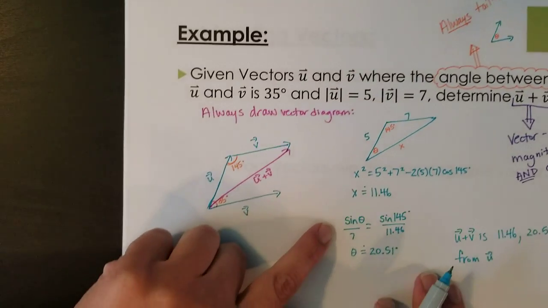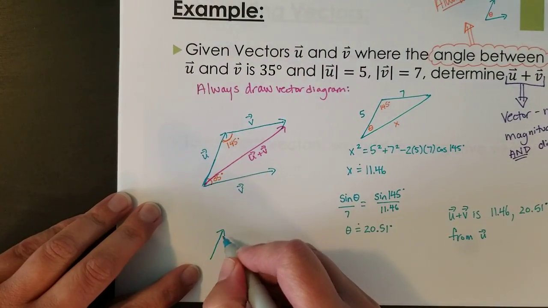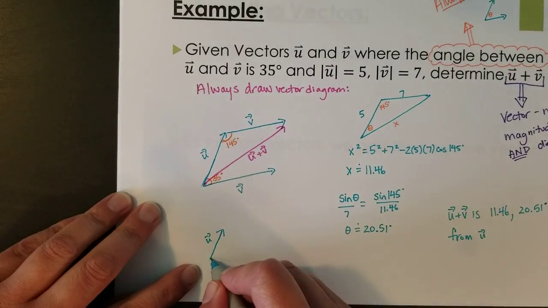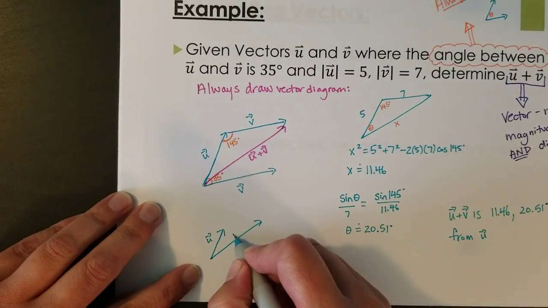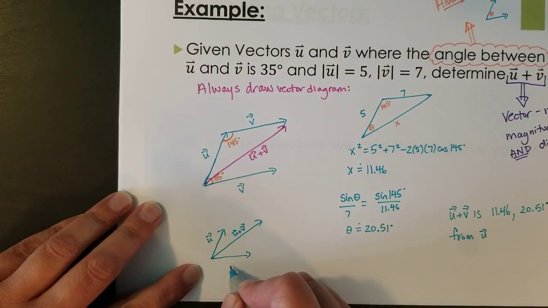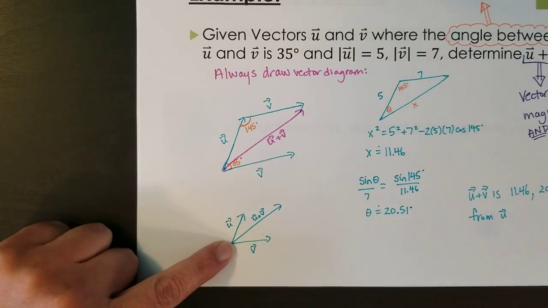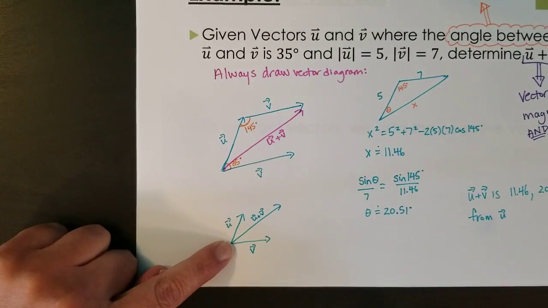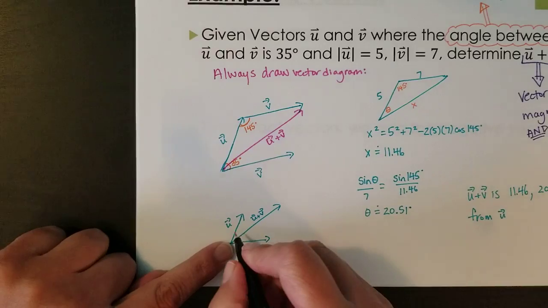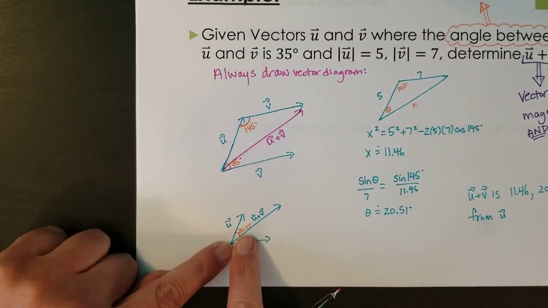And we can kind of think, maybe I'll redraw this here. If this was U, this would be the U plus V, and then this was V. So that's how they would all be. Remember, angles between them are always tail to tail. So my 20.51 degrees is in there.